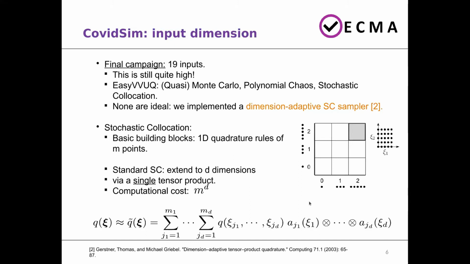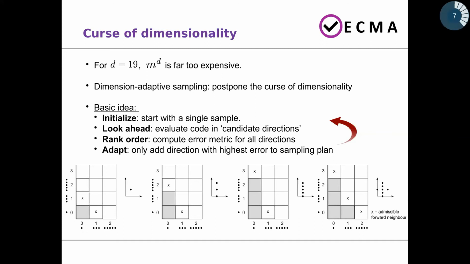Often these are Lagrange polynomials, but it can be something else as well. The problem, however, is that the computational cost is m to the power d. So in this case, 5 to the power 2. But if d is 19, you get 5 to the power 19, right? So for high-dimensional inputs, these types of methods just are not going to work.